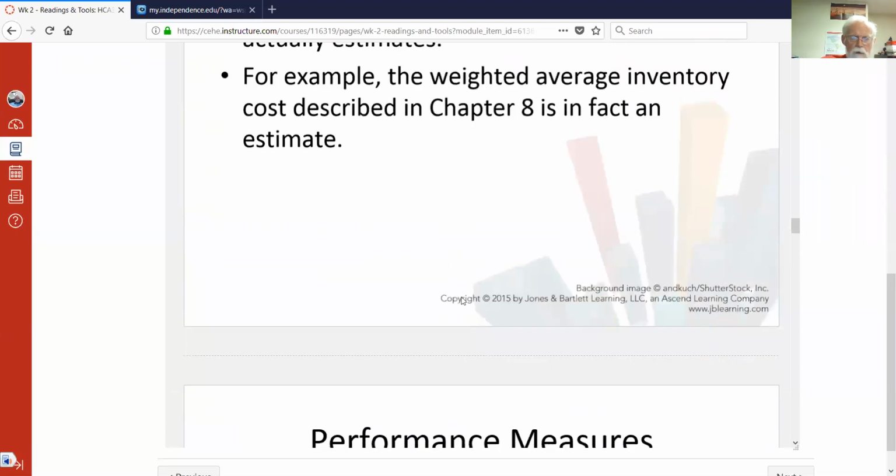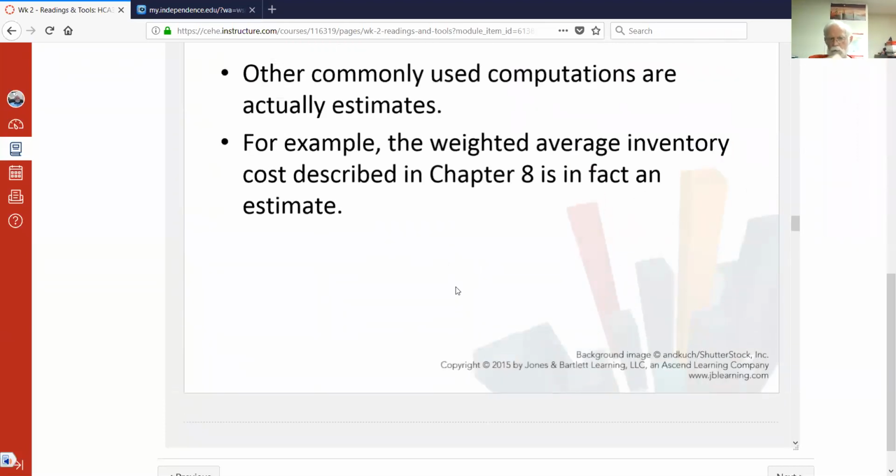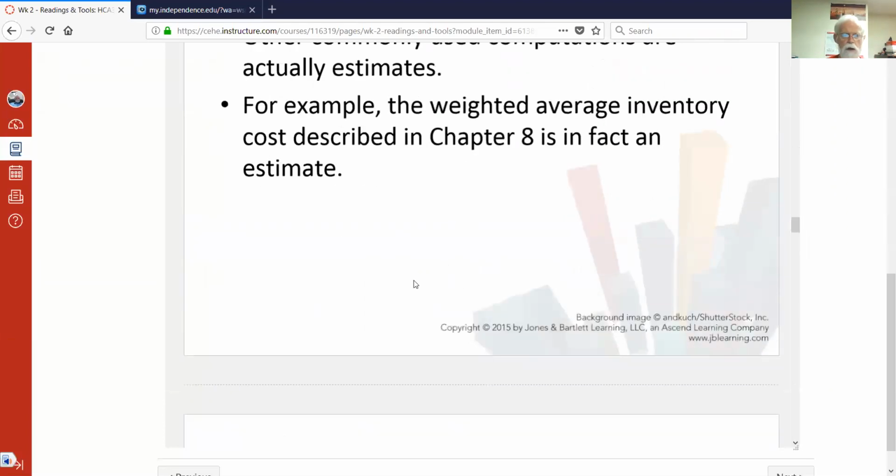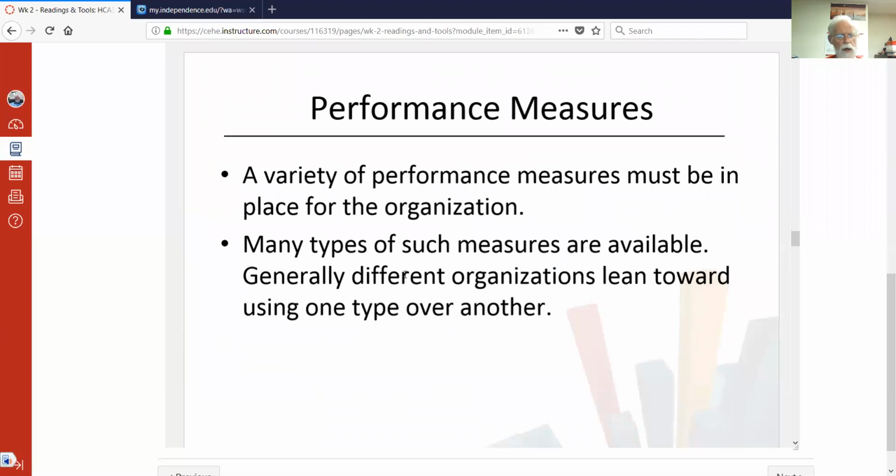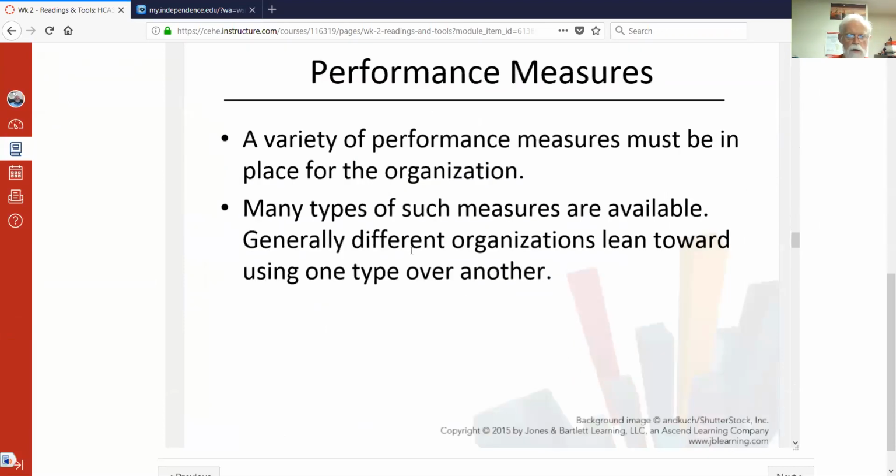In our estimates, we can look at weighted average inventory costs, or we can base our estimates on what we know for standardized costs through our industry.